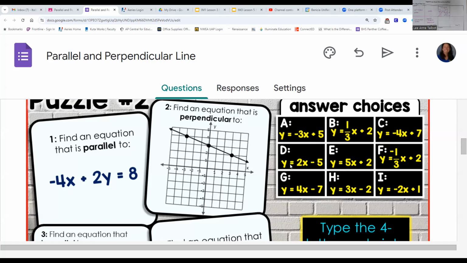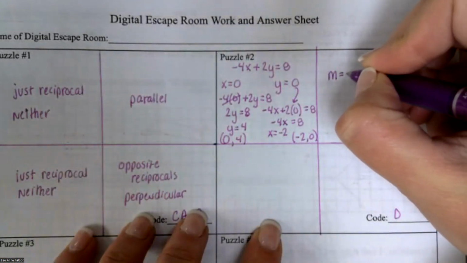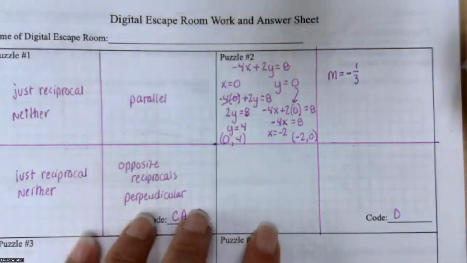You guys need to find the negative. You're gonna have to figure out how to remember it. We've done it a million times. So you guys are gonna have to start remembering. The slope in that is 1/3, so you're gonna write slope equals negative 1/3.